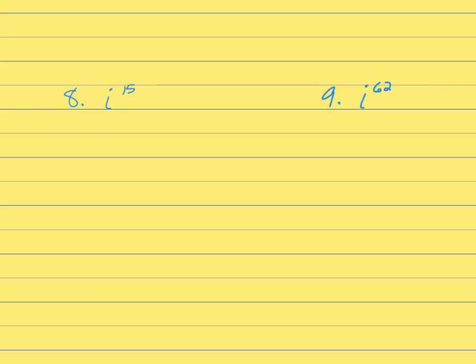And then I know that 15 would be just one before that. So you would be at negative i, because every fourth thing, the pattern repeats. The fourth thing in the pattern would be 1, and then after that, you go back down to i, negative 1, negative i.